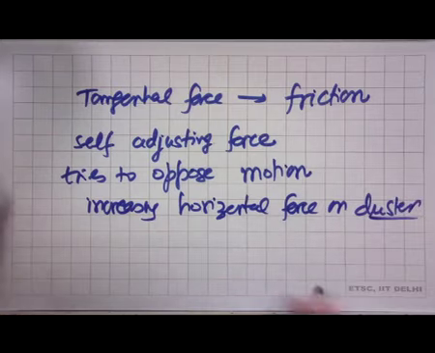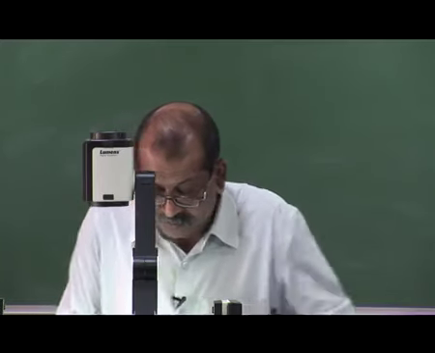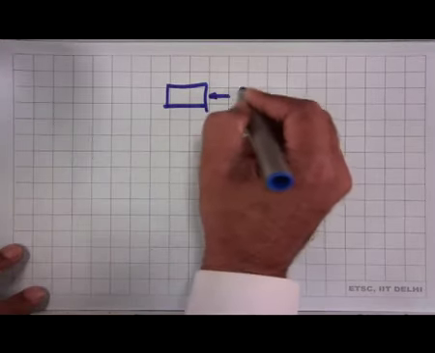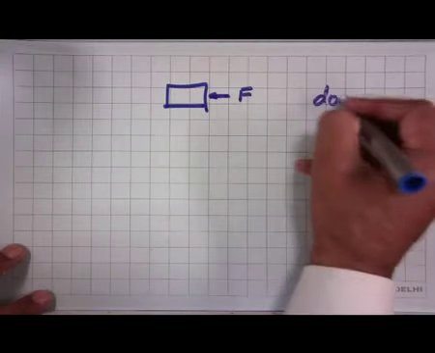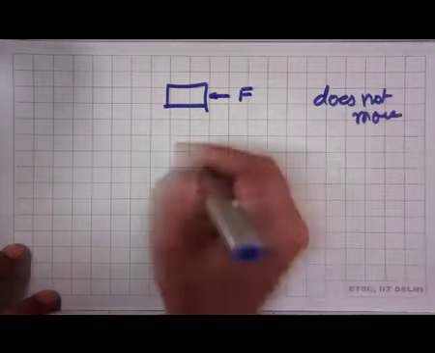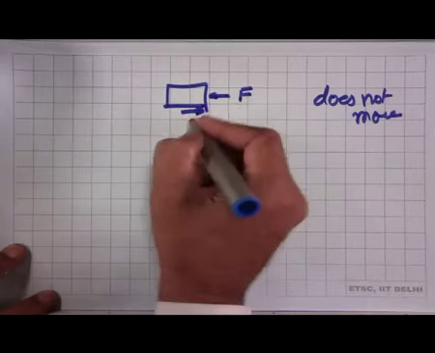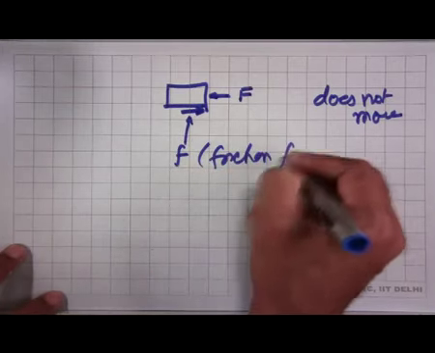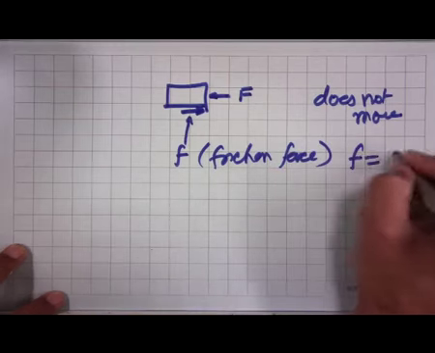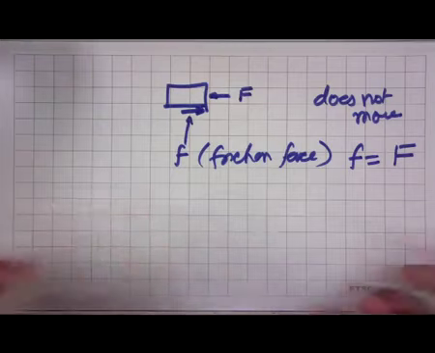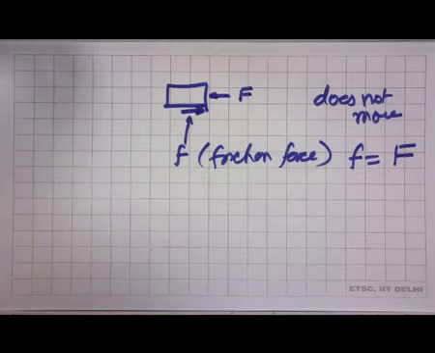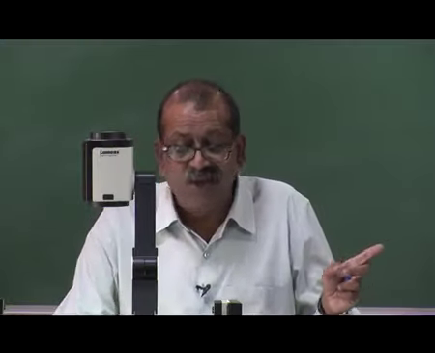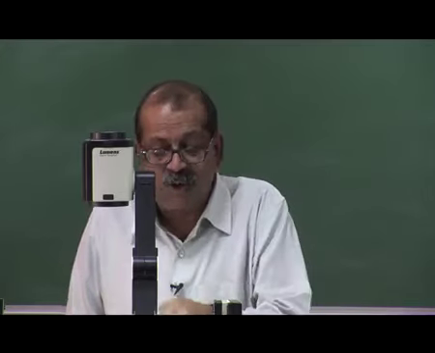let me show it with a small figure. So, this is the duster, I put a small force F. This does not move, and what this means is that this contact force or friction force, let me put it as small f, this is the friction force, F is equal to f. The two directions are opposite, and of course, if we go back to our law of action and reaction, they do not constitute an action and reaction pair, they are acting on the same body.